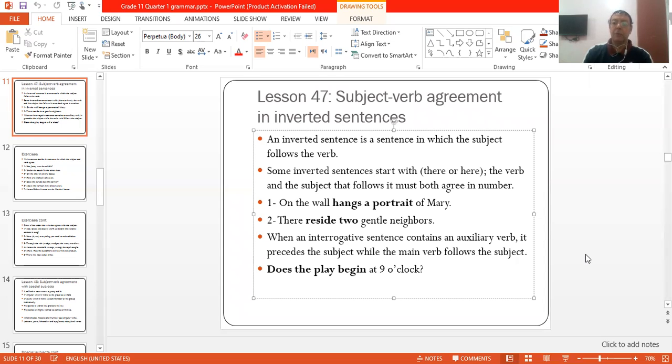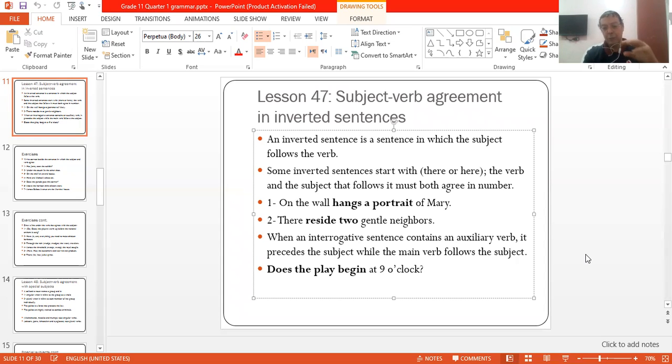Okay, so hangs a portrait. Hangs is a verb, a portrait is a subject. And why did this happen in such a sentence? Because we have a prepositional phrase at the beginning. So the sentence is inverted and the verb came first and then the subject followed it.